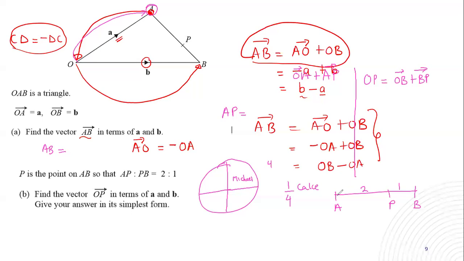But when you look at this line of ours, what is the total length? Our total line is called A to B. Is that fine? Yes, fine. So when I only obtain A to P, you notice that A to P only takes 2 parts of the whole line. So it takes 2 out of the 3 parts of the whole line, which is A to B.